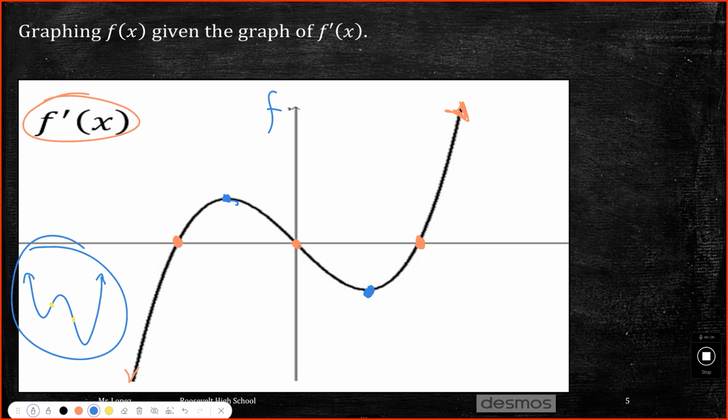So let's say that this is the left inflection point and the right inflection point, left and right. So this is concave up. What are the slopes doing here? They're decreasing, aren't they? The slopes are decreasing, but this is f prime, not f. How are we going to draw this?